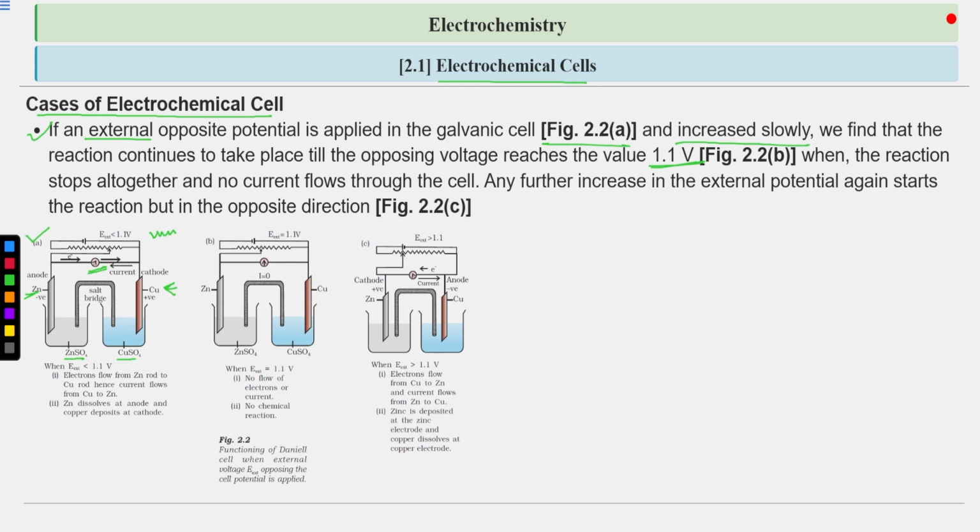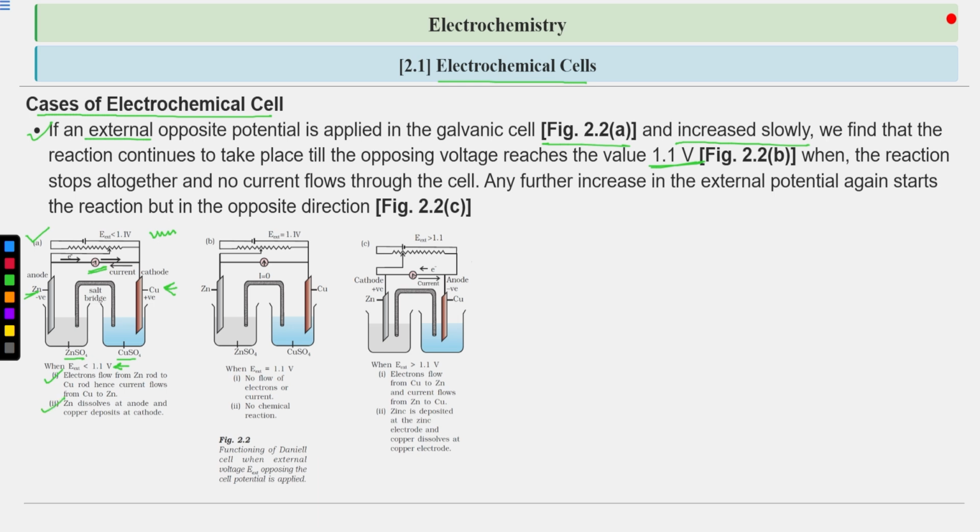So when the external opposite potential is less than 1.1 volt, that means you are providing an external potential whose value is lesser than 1.1 volt. What will happen? The electrons start to flow from the zinc rod to the copper rod. Hence, the current will flow from the copper to the zinc in the opposite way.